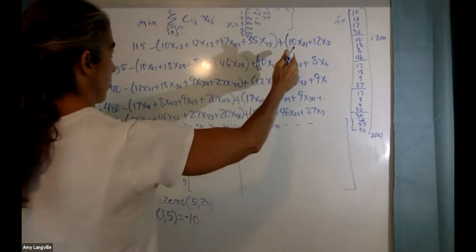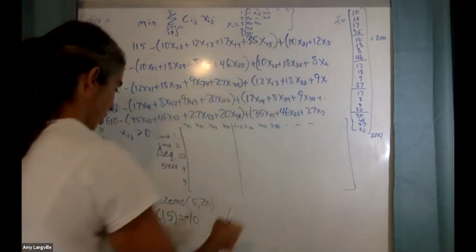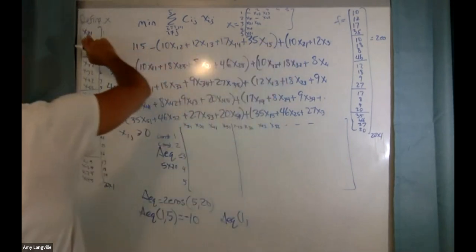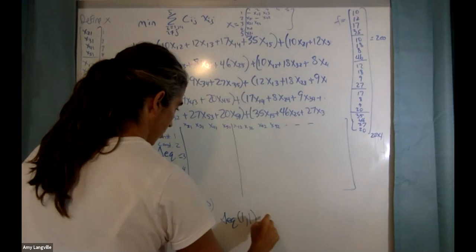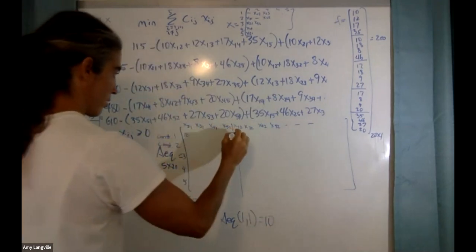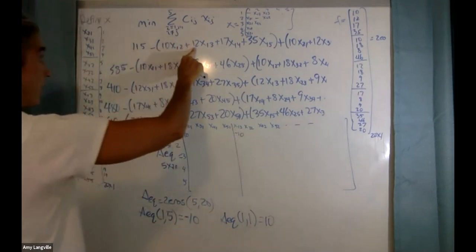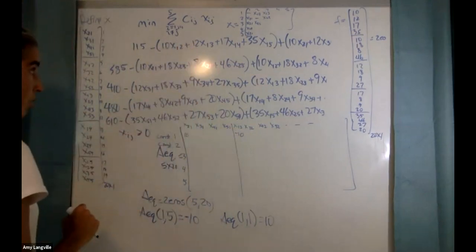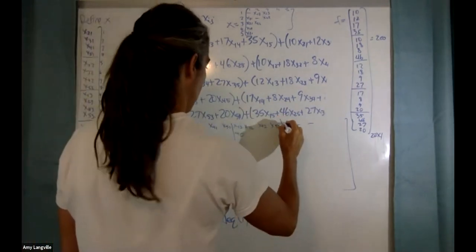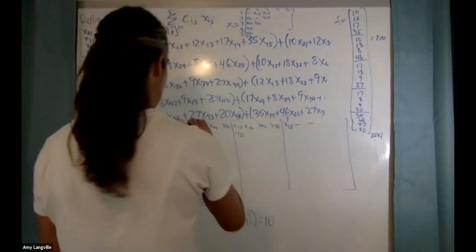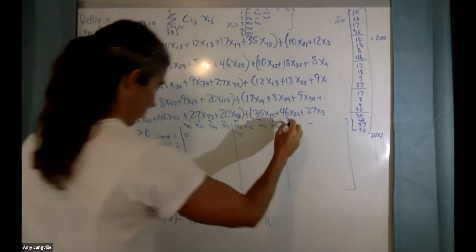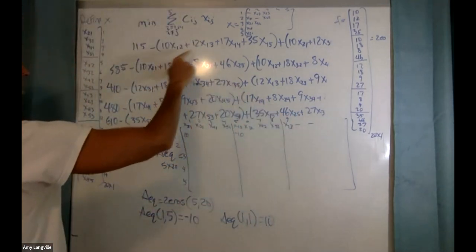But 10 also appears over here in 2,1, so that one should be a 10. We know this has to be a 10 and this has to be a -10. Then we move on to the next coefficient. -12 needs to go in the 1,3 position, which is actually the 9th column. So 1,9 should be -12.